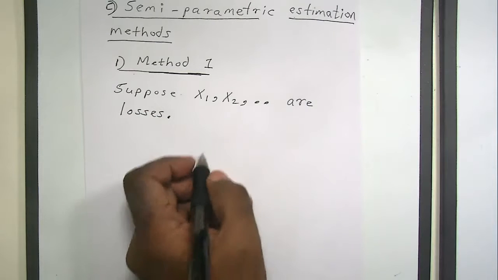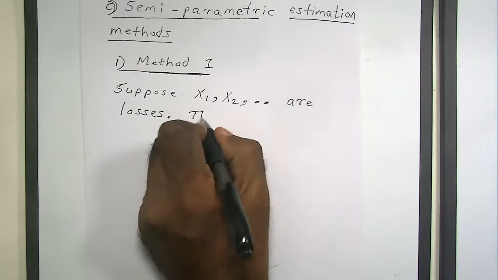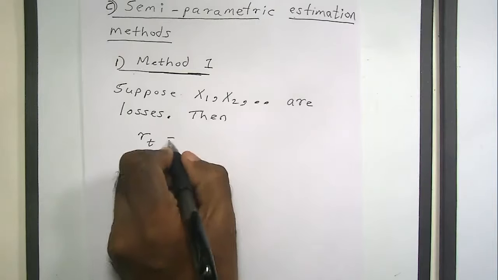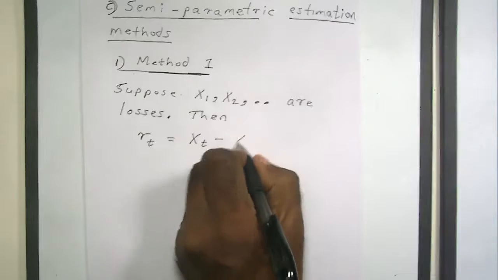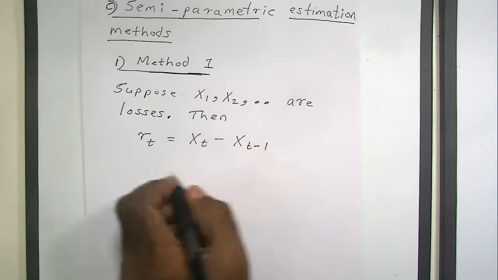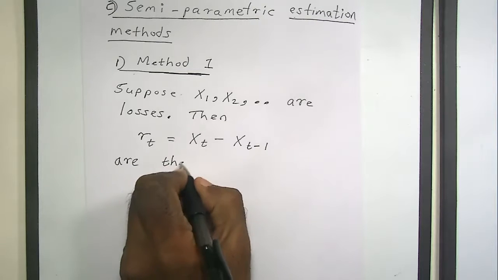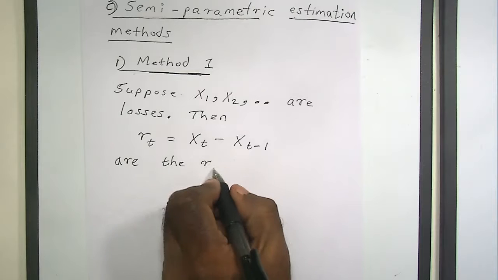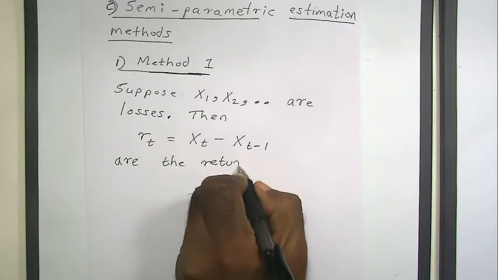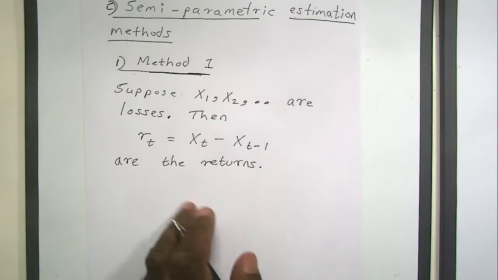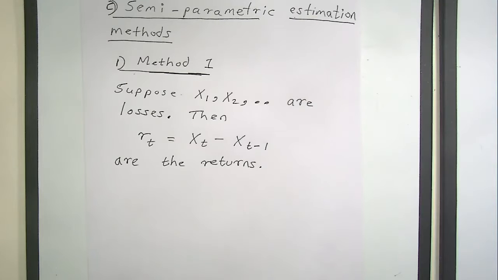Then RT, defined as the difference between xt and xt minus 1, are the returns.